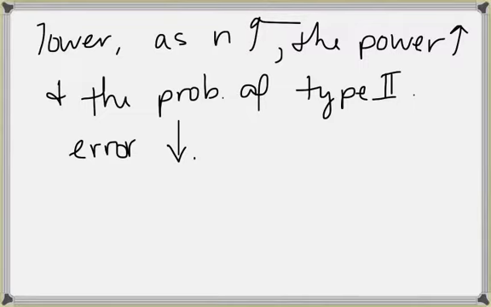Okay, so as N increases, the power increases, and the probability of a type 2 error also will decrease.